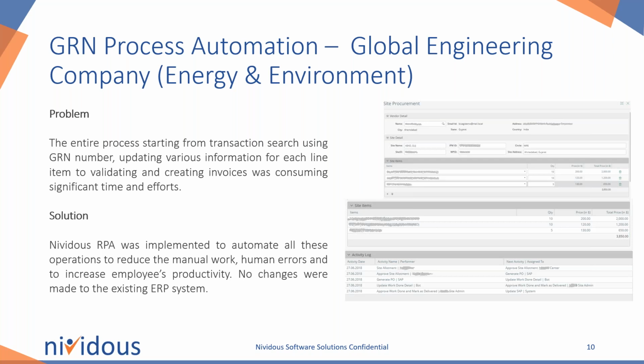And obviously, that's not only a time consuming process, but also very error prone. So we were able to automate these tasks using RPA bots to reduce the manual work and the human errors, and to increase the productivity overall.